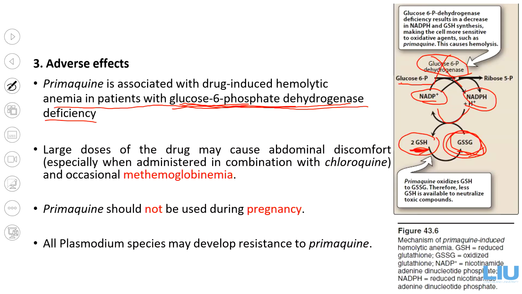As a result, you would have something like methemoglobinemia and anemia. Make sense, guys? Any questions about that? So in short, glutathione helps us detoxify oxidants. If somebody has this enzyme deficiency, they would have less glutathione, and they will not be able to detoxify the oxidants coming from primaquine, and then they would have methemoglobinemia.